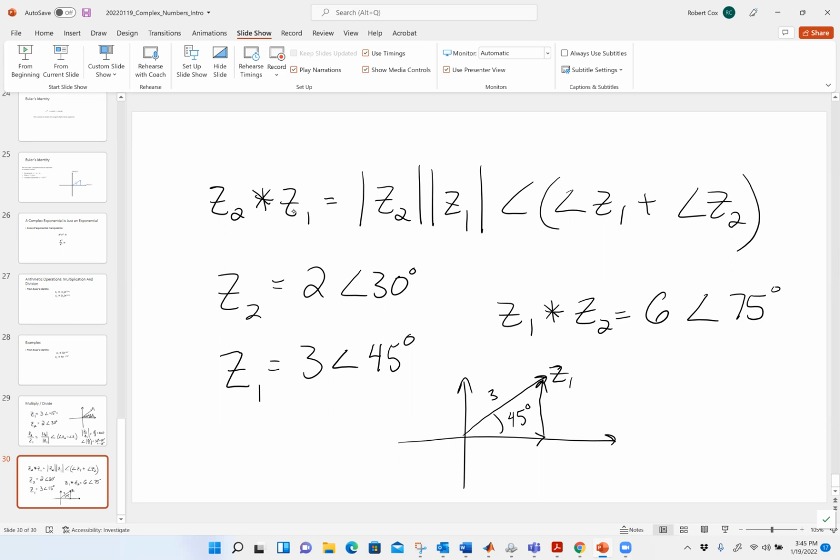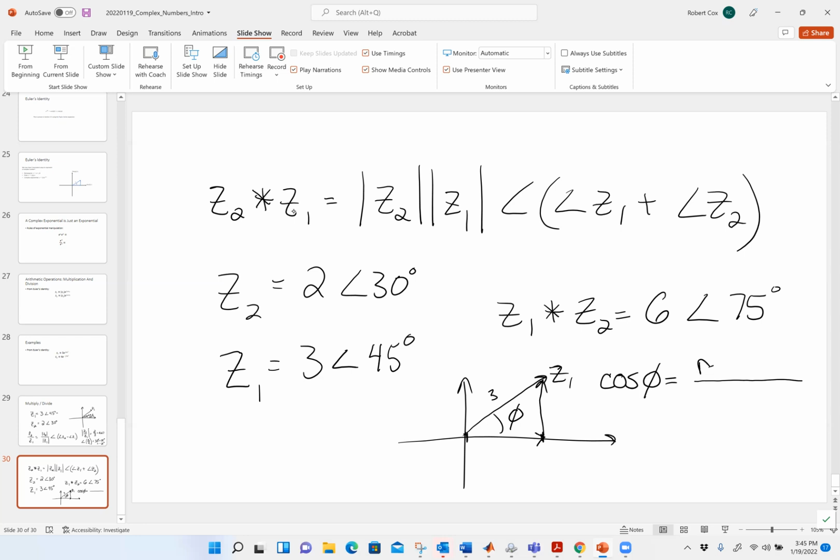So how do I figure out the length of this side right here? We use sine. Yep, this is where I can use sine and cosine. In general, I'll just call this angle here phi. I can say the cosine of phi is equal to what over what in terms of a triangle? The base over the hypotenuse. Yeah, so the base over the hypotenuse.